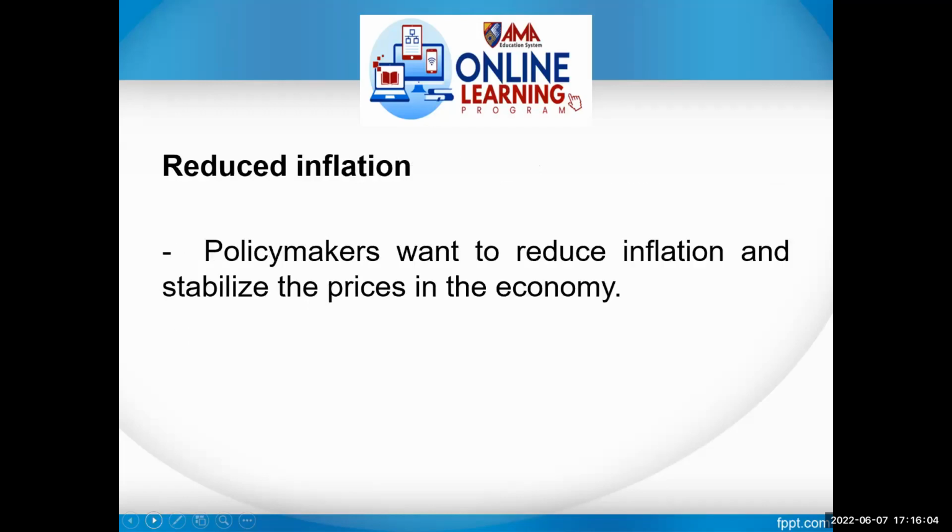How? So how does a contractionary monetary policy reduce inflation? So policymakers want to reduce inflation and stabilize the prices in the economy. So like today, there is news that a higher inflation rate was recorded.